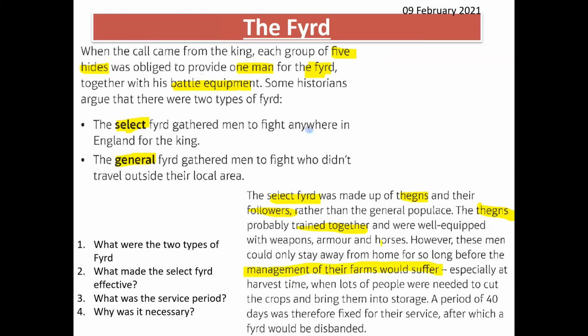If you were a thane and you were away from the farm for too long, your peasants probably wouldn't bother doing their work. Crops wouldn't get grown, harvested, or stored. So there was a 40-day fixed service in the field. After that, the field would be disbanded. Pause the video, answer these questions, come back when you're ready.